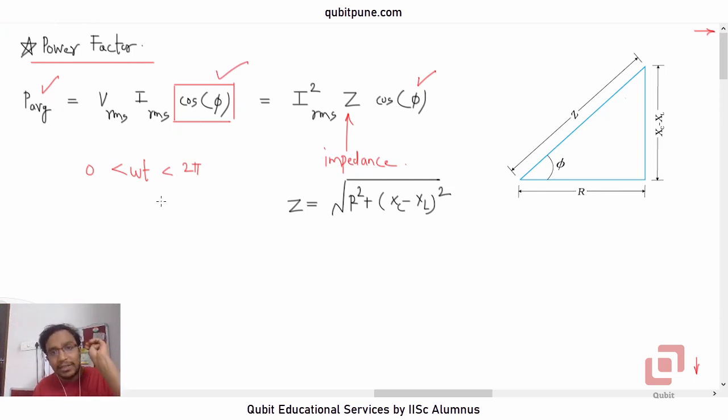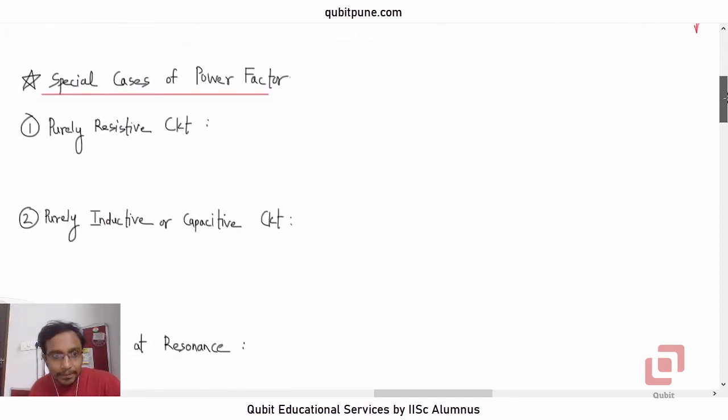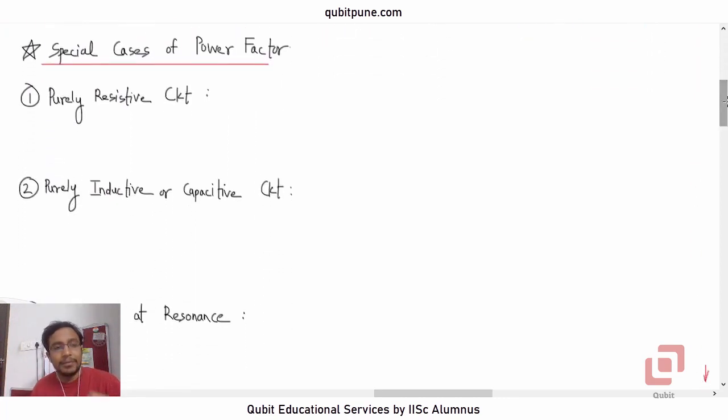Now let's talk about 3 or 4 special cases in which this power factor determines the average power consumed. Number 1, if we have a purely resistive circuit, then the impedance Z is equal to R, and the power factor is equal to 1 because phi is 0.